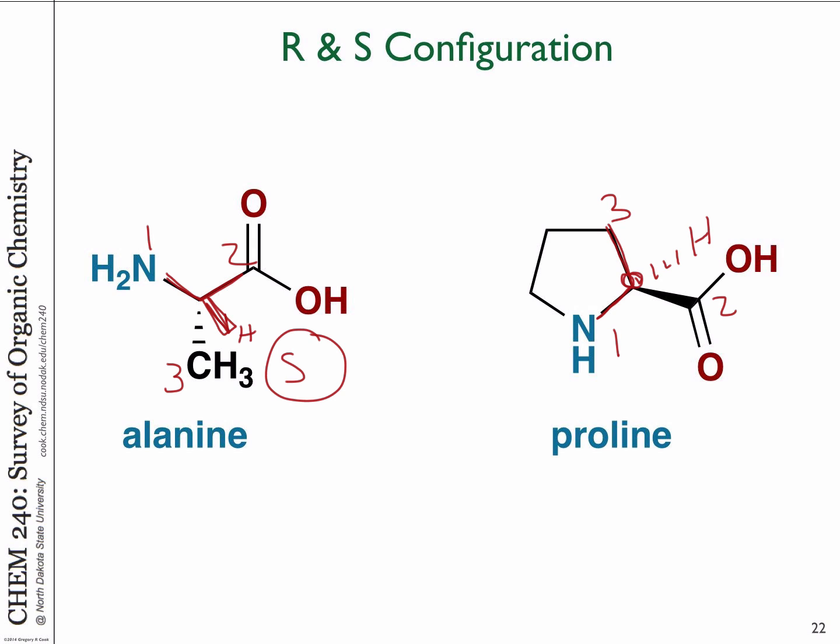And so at that configuration, hydrogen pointing to the back, left hand pointing to the back to get to it would be S. Okay, making more sense now?